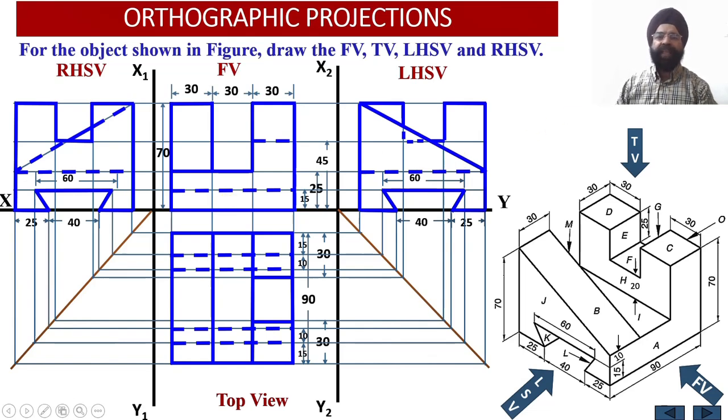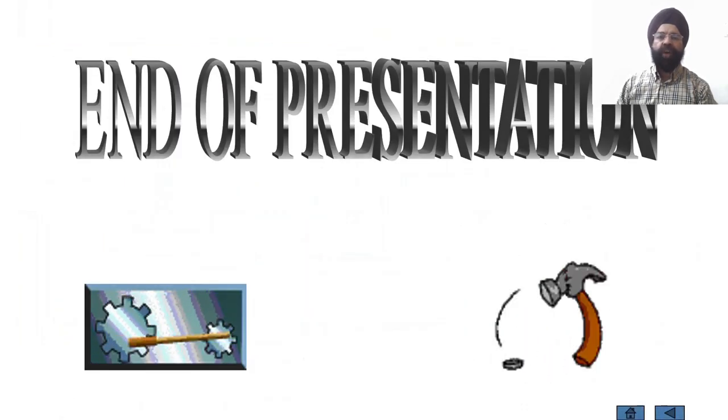So I hope that with this discussion you will be able to understand in a better way how to develop the orthographic projections of the solid when the isometric projections of the solid are available with us. So this is all for today.